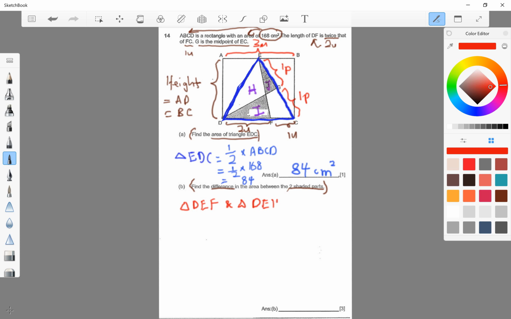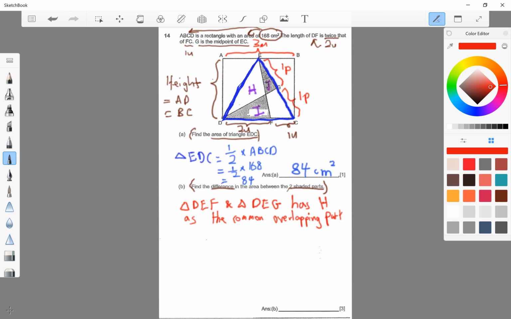These two triangles have H as the common overlapping part.